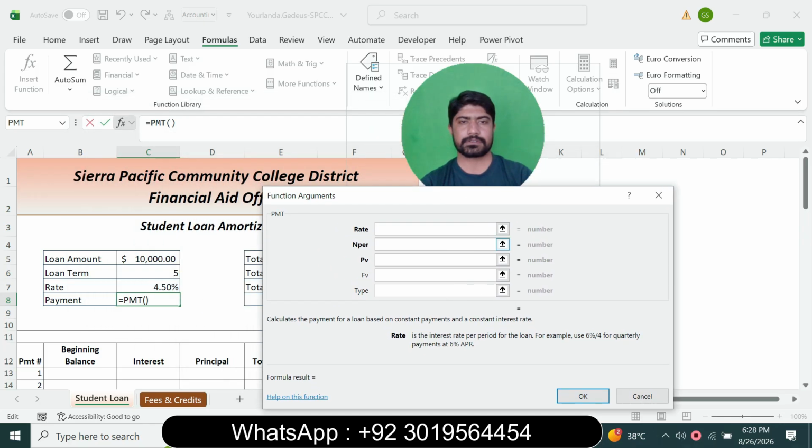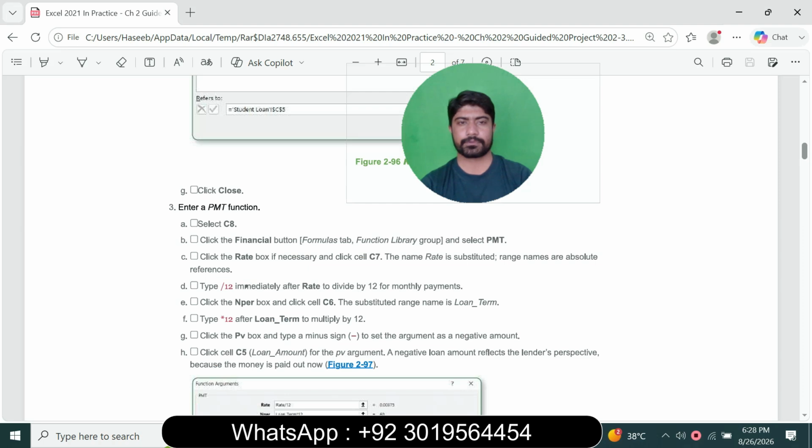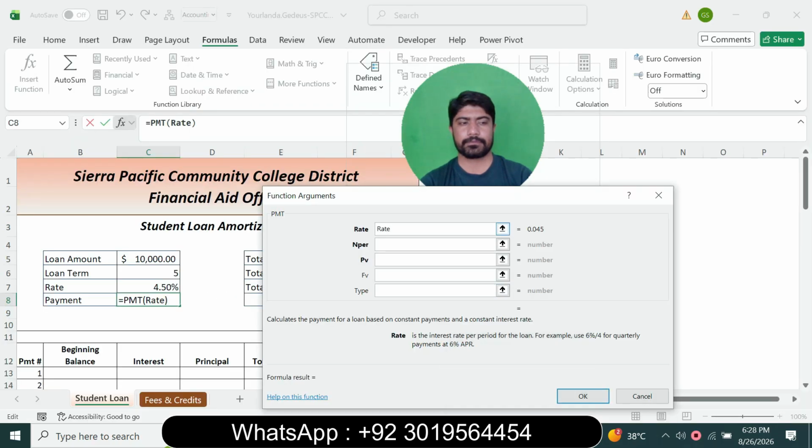The name rate is substituted for the range name or absolute cell reference. Type /12 immediately after rate to divide by 12 for monthly payments.